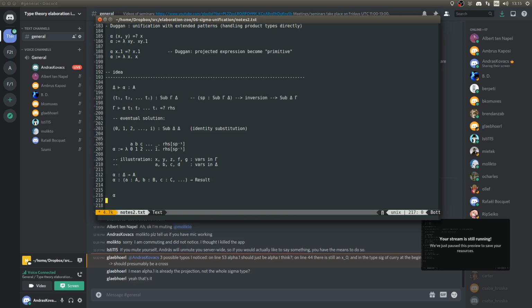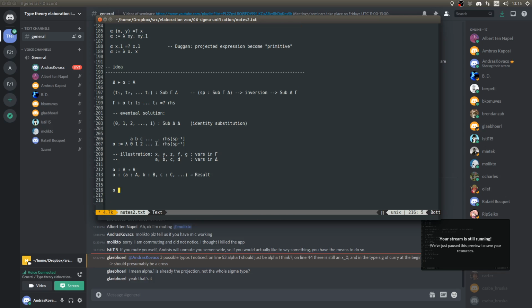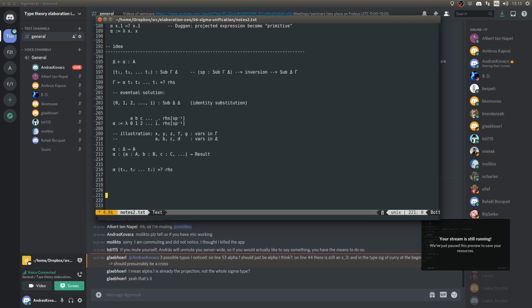Okay, and now the solution is that whenever I have an alpha of T1, T2, Ti equals arrays, then I know that T1 should be A and T2 should be B, and so on and so on.